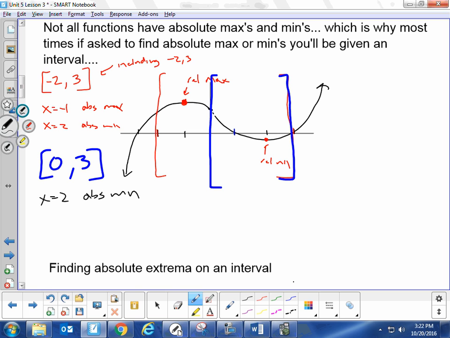However, the max is not at a location of a relative max. Where is the max in this situation? At 0, right here. Since we are including 0, we have this point 0, whatever it is. That point, which is an end point, is our max.